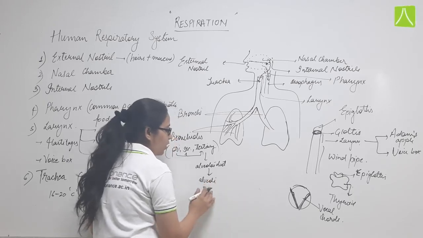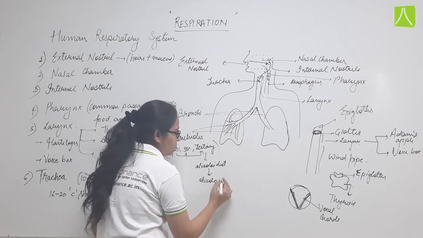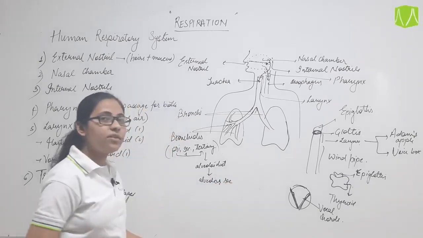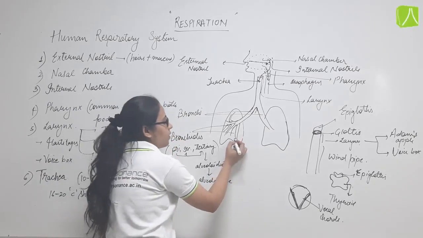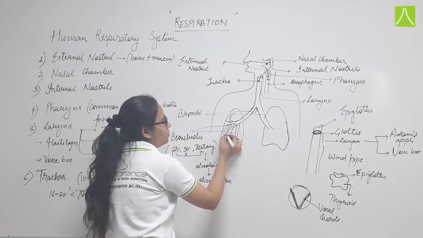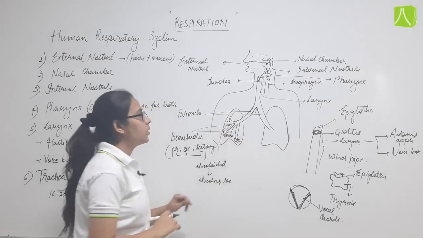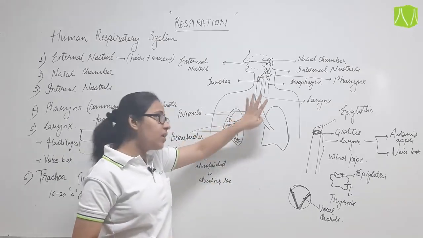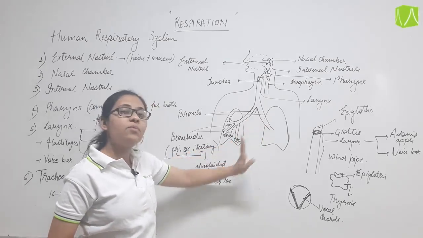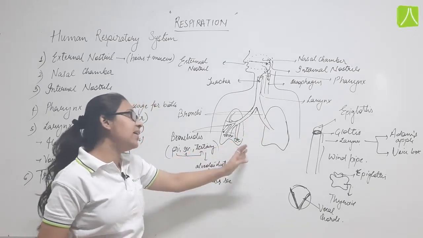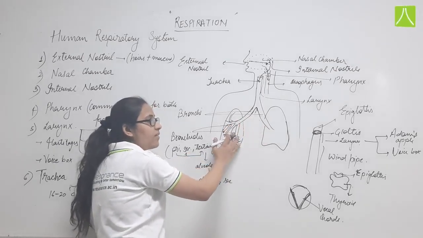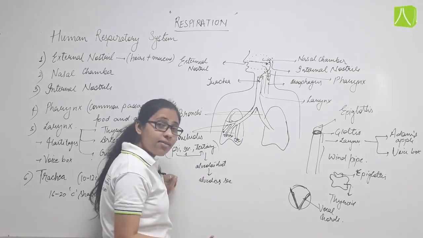The alveolar duct has alveoli, or you can say the alveolar sac. So this is the windpipe which bifurcates into two tubes, which enter their respective lungs, right lung and left lung. This is the primary bronchus, which further divides into bronchioles.